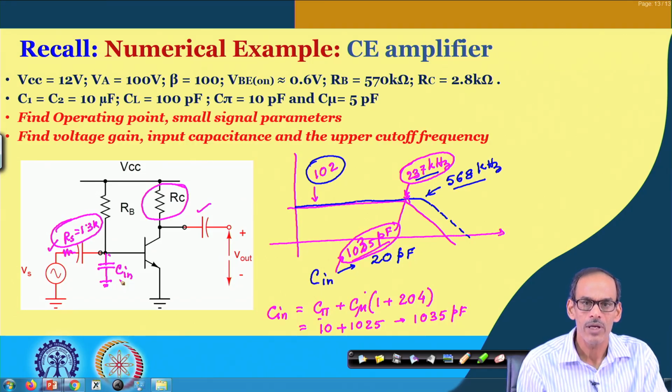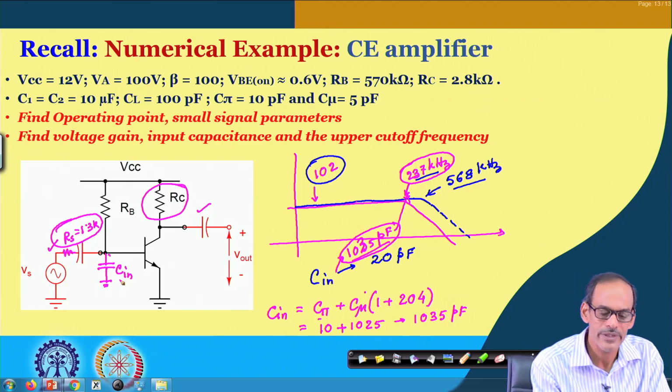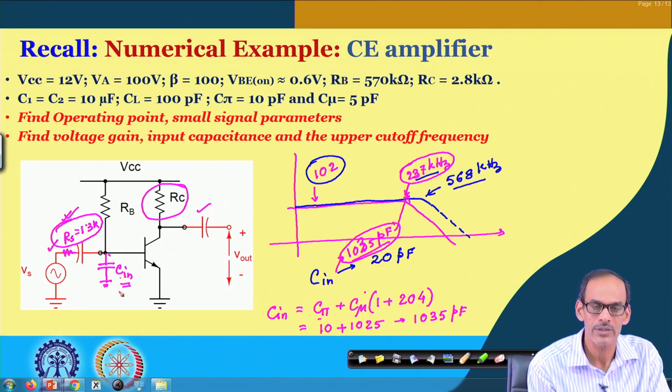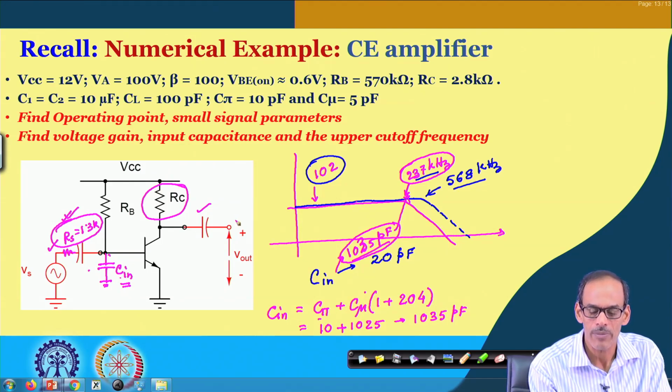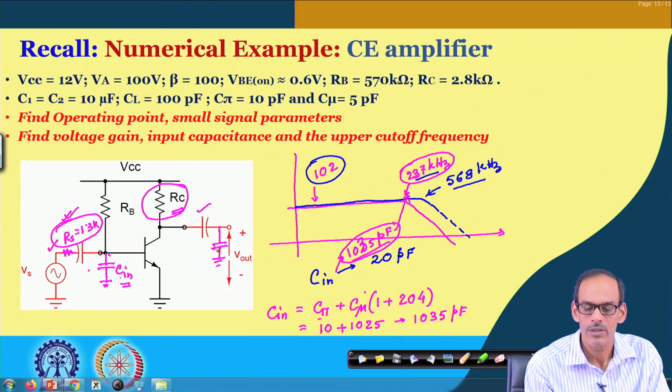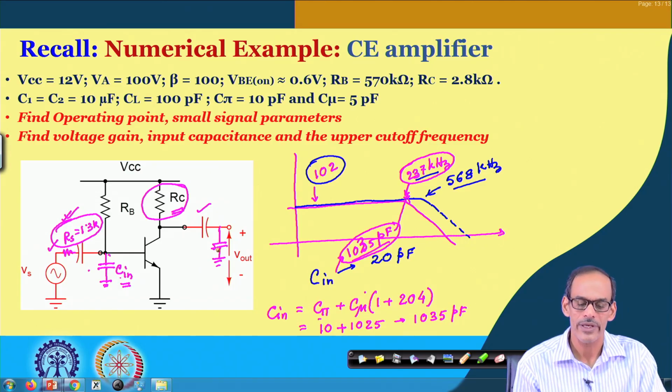Now, it may be a situation where this resistance is small, or whatever cutoff frequency we obtain from R s, C in and R in may be beyond the upper cutoff frequency defined by R c and C L. For such a case you may ask, what is the advantage of the cascode amplifier?